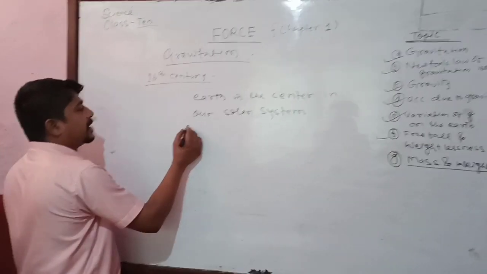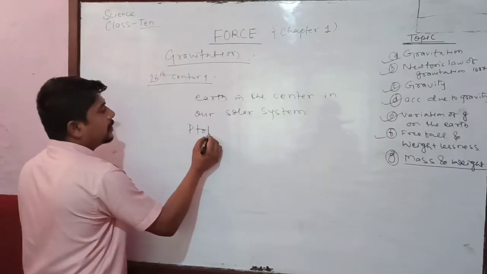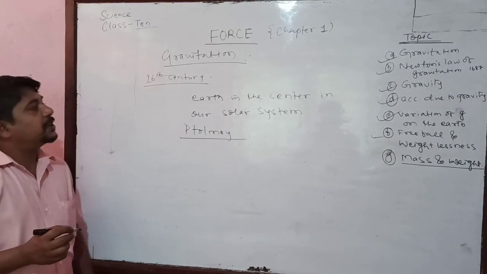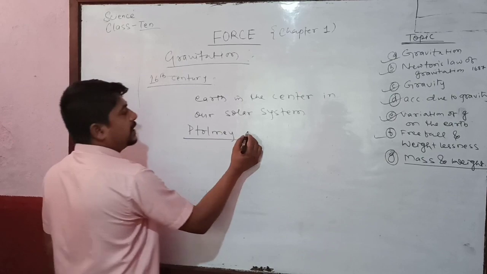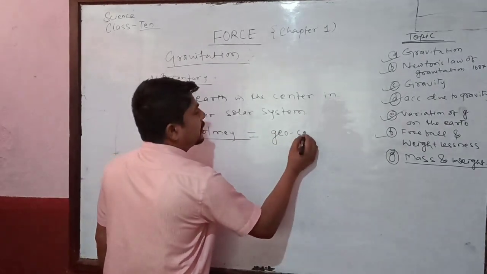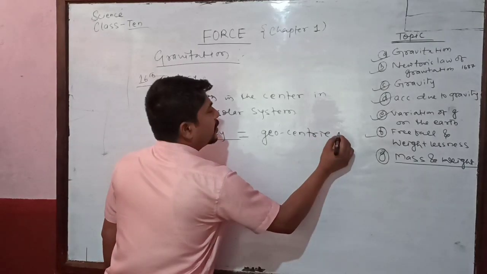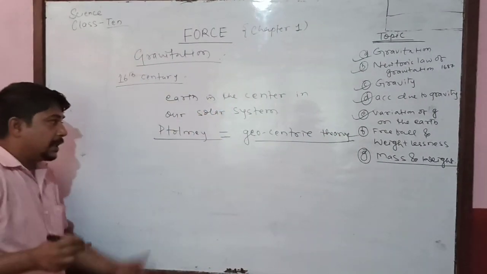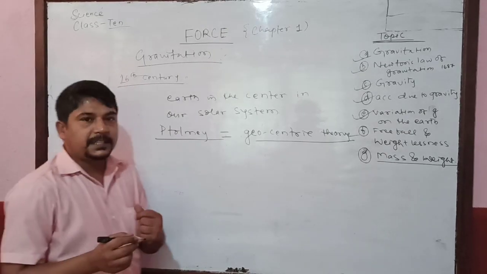And it was given by a scientist. It was Ptolemy. So we say Ptolemy's theory also, and this theory is known as geocentric theory. Geocentric theory.